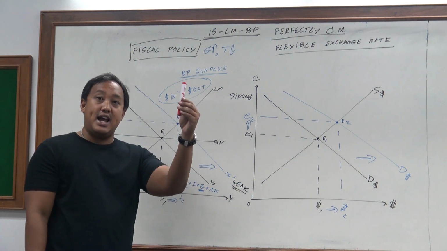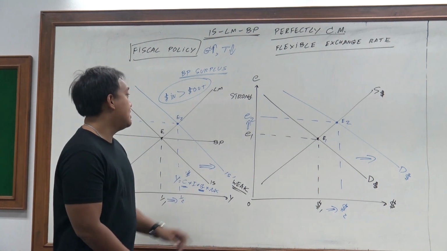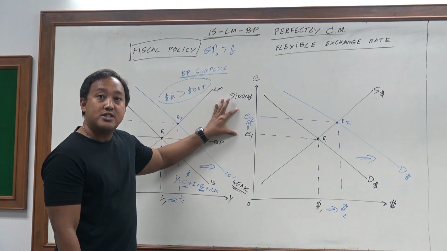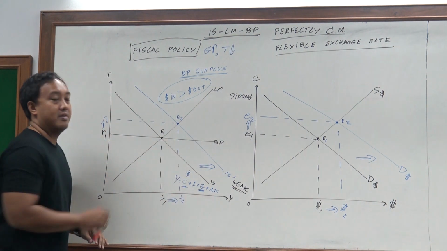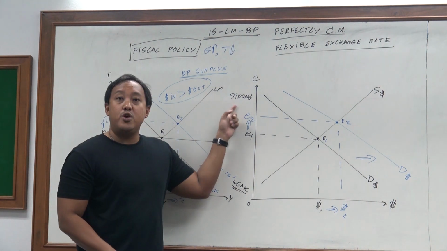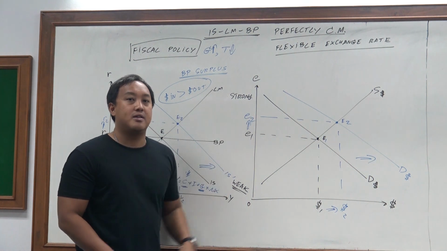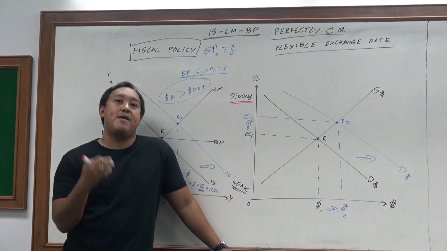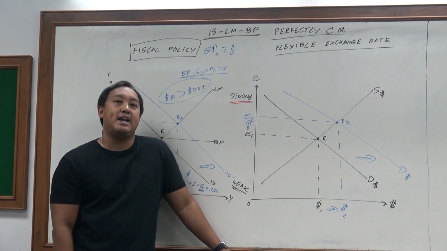Now I'm going to change to the red color. I'm going to show you how the effect of a stronger US dollar feeds back into our model. When the US dollar becomes strong, we're going to have effects on export and import.